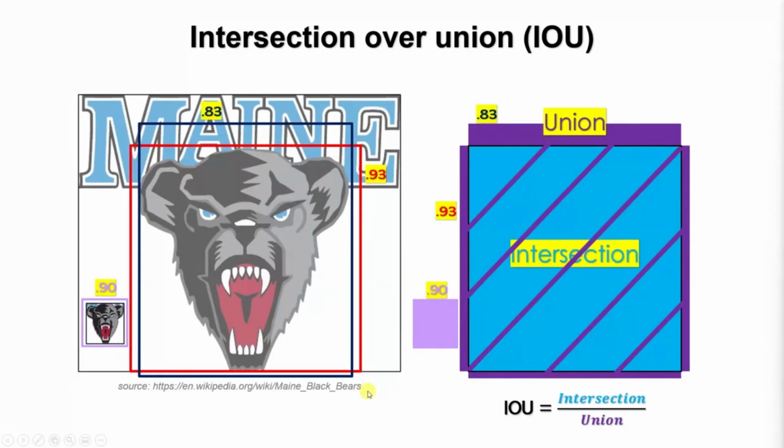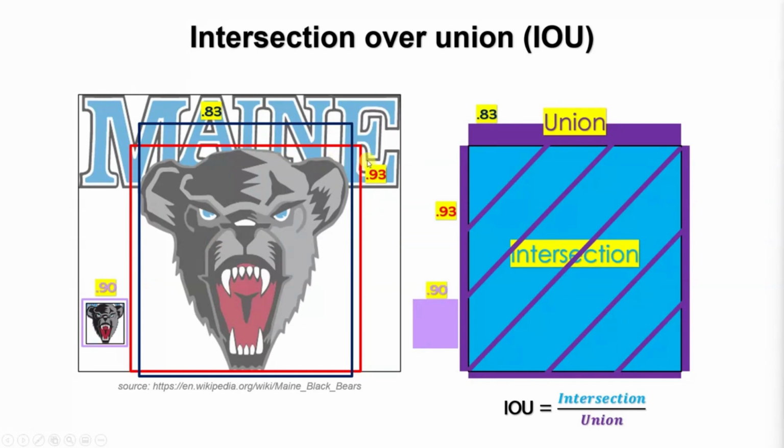Another challenge is: what will happen if the network predicts more than one bounding box for each class? Here for this beer it has predicted 3 bounding boxes with probabilities of 0.93, 0.83, 0.90. Taking the maximum probability for the bounding box is not a good idea.